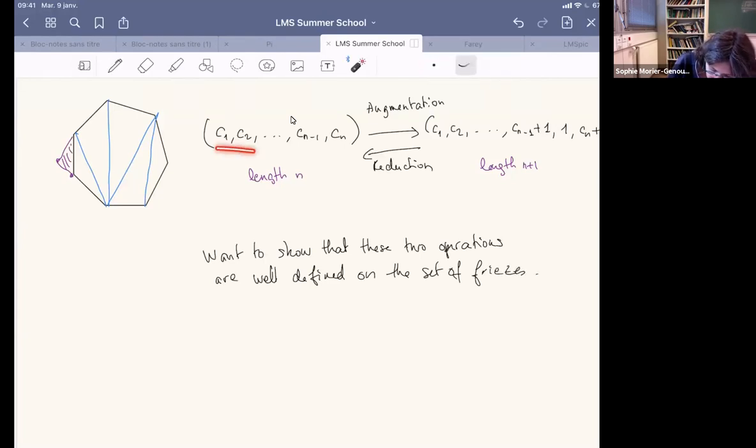That means that if I take a frieze and the first row gives me this sequence, I can look at this new sequence, and this will define a new frieze with one more row. Or the other way, if I take a frieze and I find a 1 on the first row, I can remove this 1 and reduce by 1 the neighboring values. And what I will get is also something that defines a frieze with 1 row less.